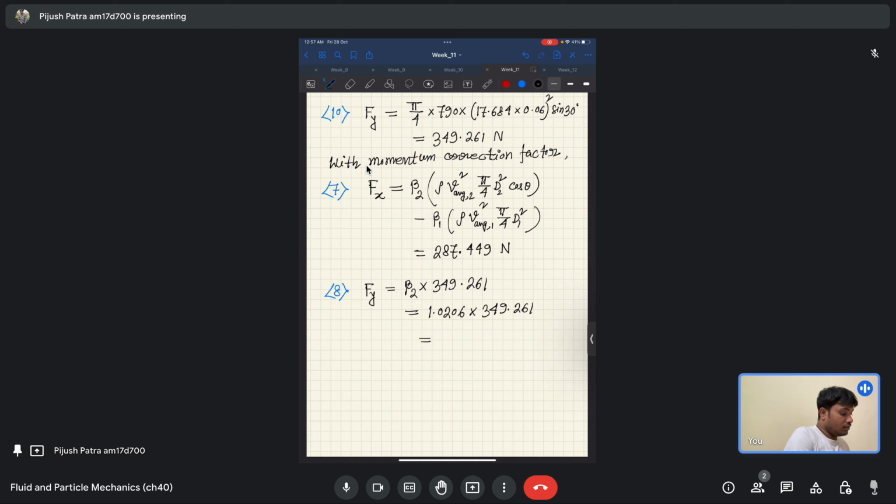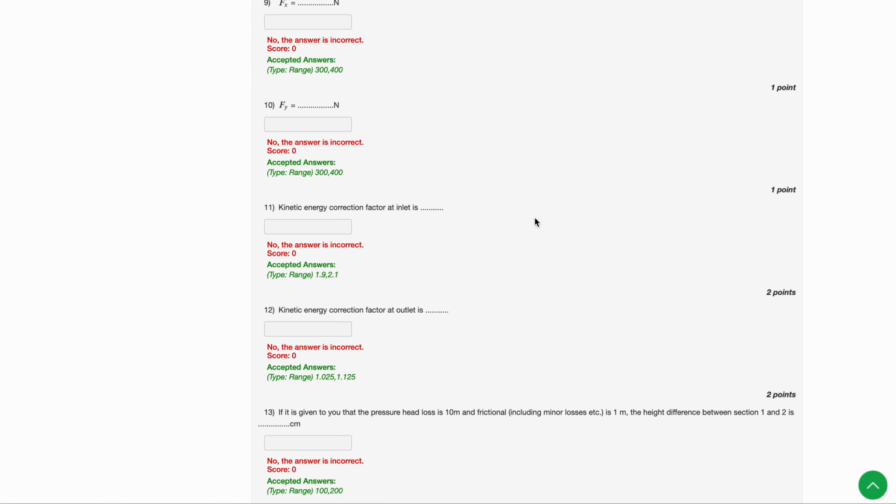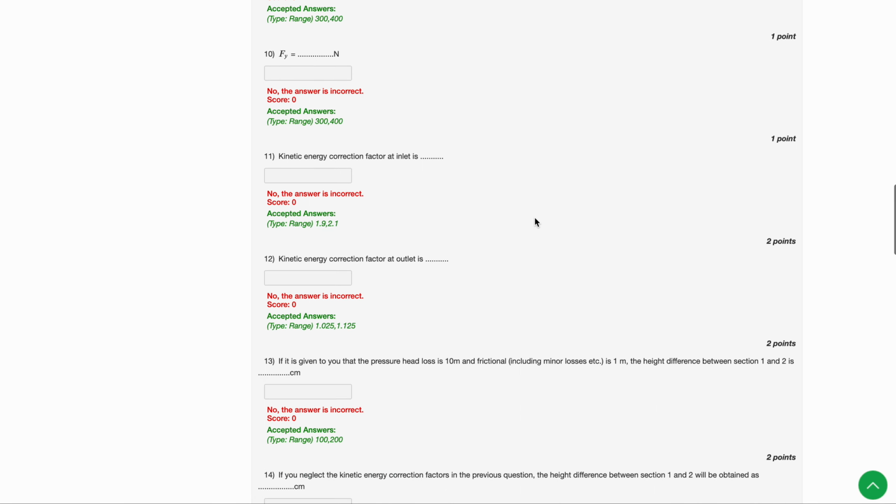It will be something around 356.45, this much of Newton. So that's an interesting problem actually. If no one has solved it so far, you should solve it.